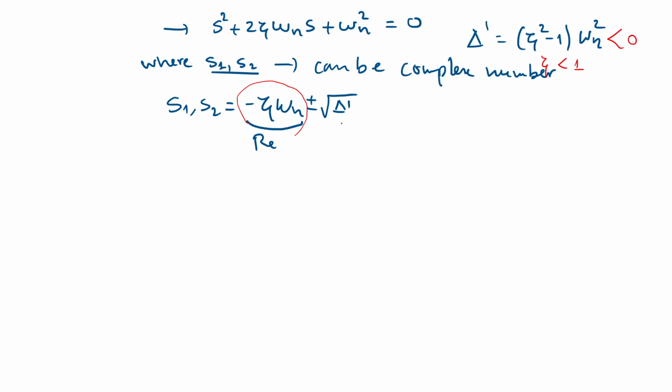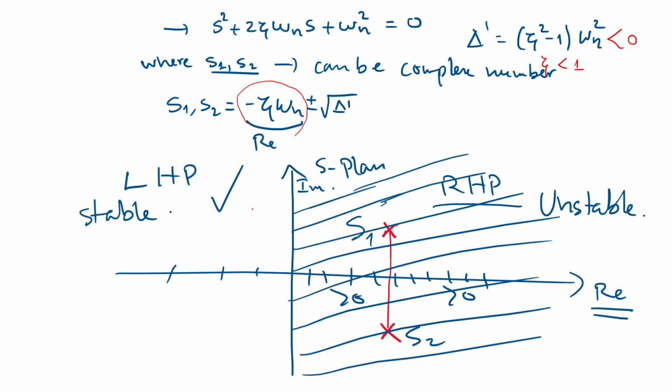Negative means on the left half plane. So this is the real axis, imaginary axis. So a negative real part means the whole set is on the left half plane. Okay. So if the locations of S1 and S2 are on the left half plane, then the system is stable. Otherwise, the system is unstable. Right half plane, right?